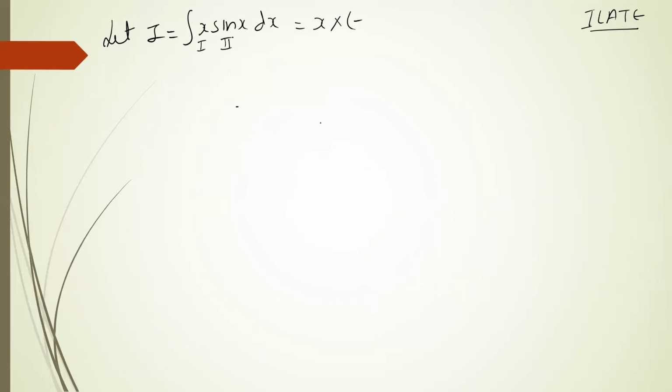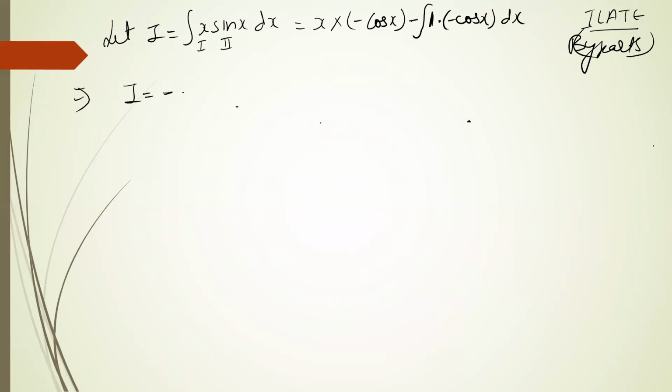So integral of sin x is minus of cos x, minus integral x का डेरिवेटिव into minus cos x dx. This is by using by parts. Further, your I becomes minus x cos x plus integral of cos x is sin x.